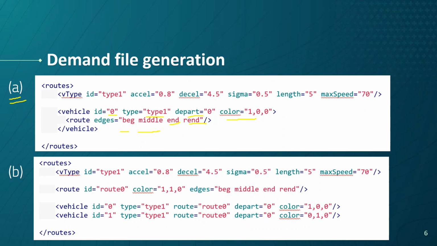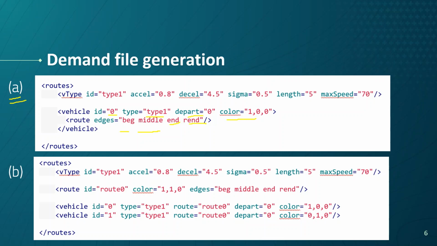It is also possible to define two vehicles using the same route. In this case, the route must be externalized, I mean defined before being referenced by the vehicles. Also, the route must be named by giving it an ID. The vehicles using the route refer to it using the route attribute.